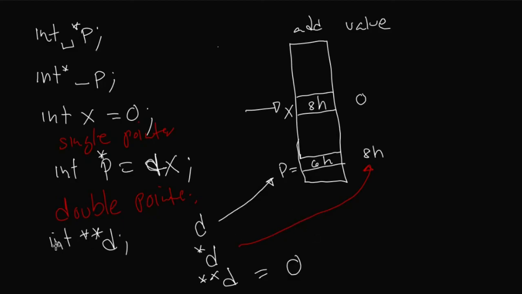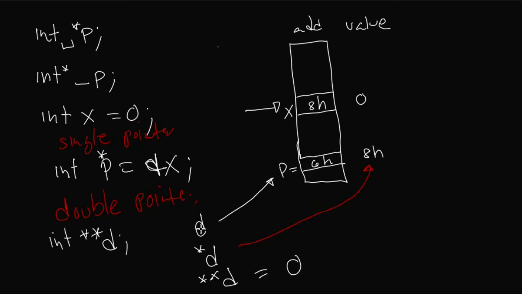That is why we put int here, because **d is an integer. So that is how I understand double pointers and single pointers. If the double pointer is pointing to an existing pointer, then dereferencing it twice, we get the underlying integer value.